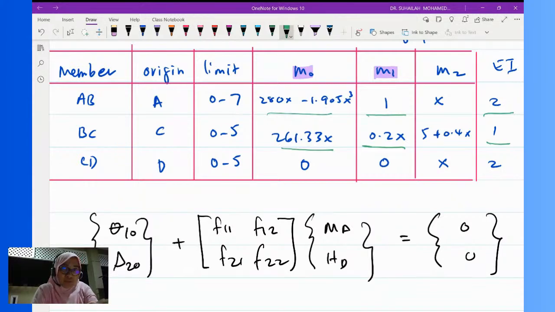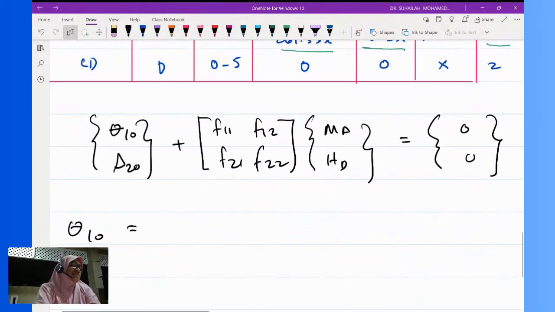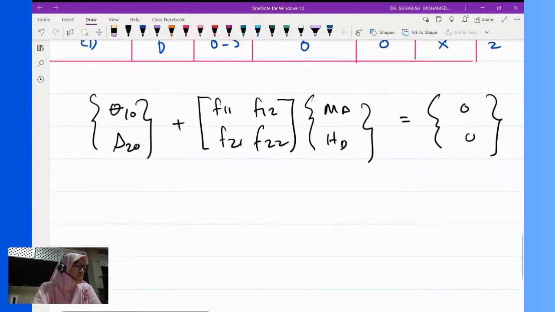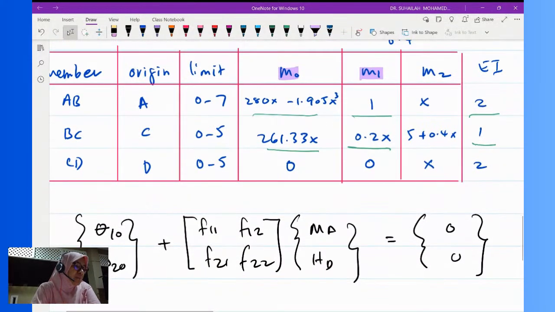The total of that will give us theta 1 naught. Can you calculate the value for me? We put it directly into the compatibility equation. Please calculate for me 280x minus 1.905x cubed times 1, integrate, limit is 0 to 7. Wait, I want to open the calculator.